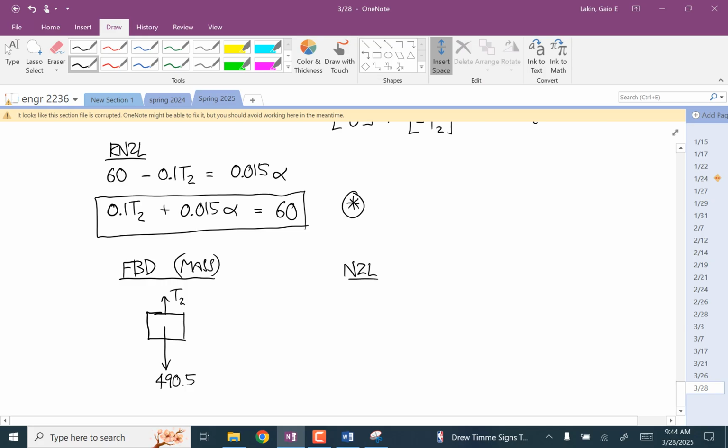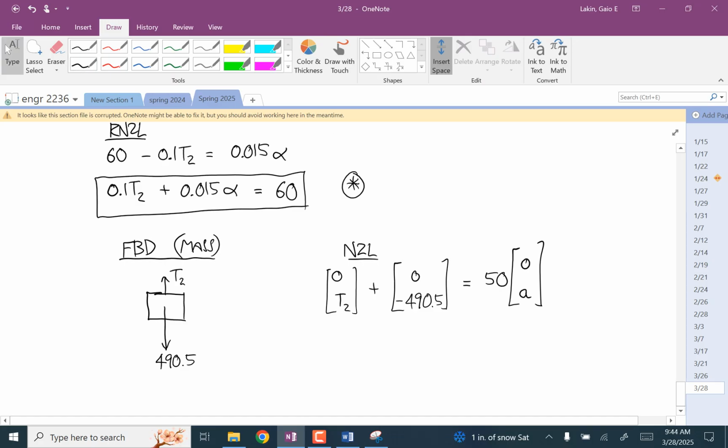And so Newton's second law says 0 T2 plus 0 negative 490.5 is equal to the mass, 50, times the acceleration. This block is only going to move up or down, so I'll just call it A. We're going to calculate the acceleration of that mass.